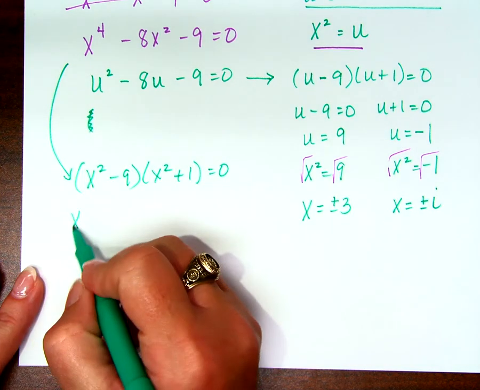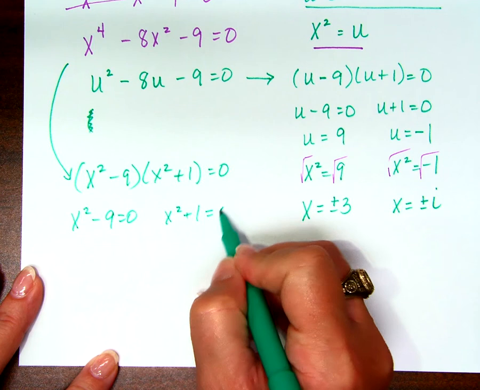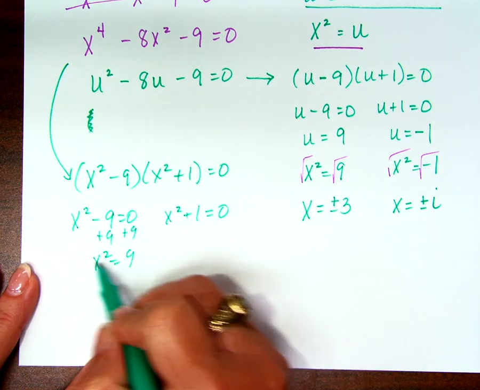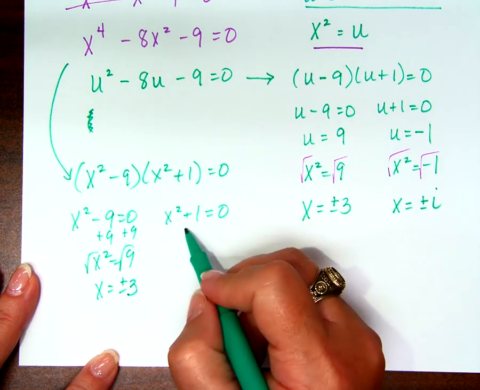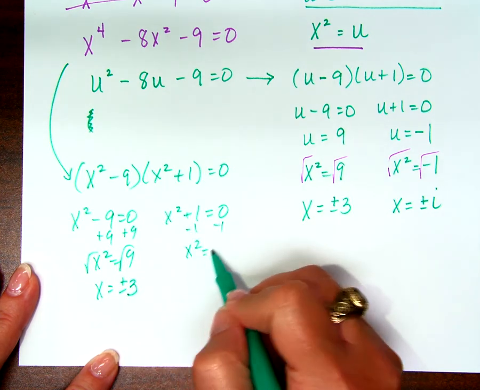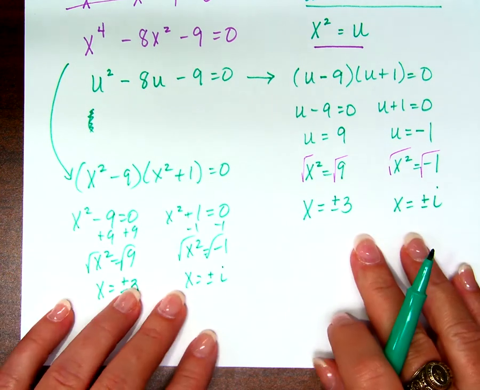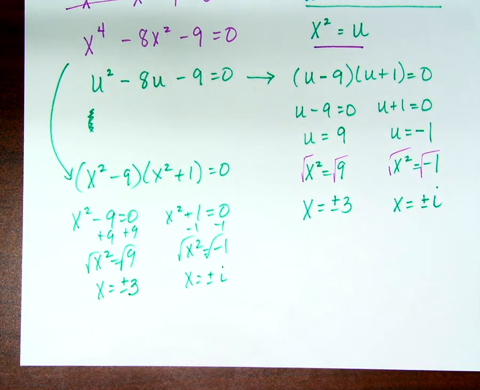Where we said x squared minus 9 equals 0 and x squared plus 1 equals 0. Where we get x squared equals 9, so x equals plus or minus 3. X squared equals negative 1, so x equals plus or minus i. We get the same thing. It's a little cleaner over here this way with the u substitution though. Any questions about that?